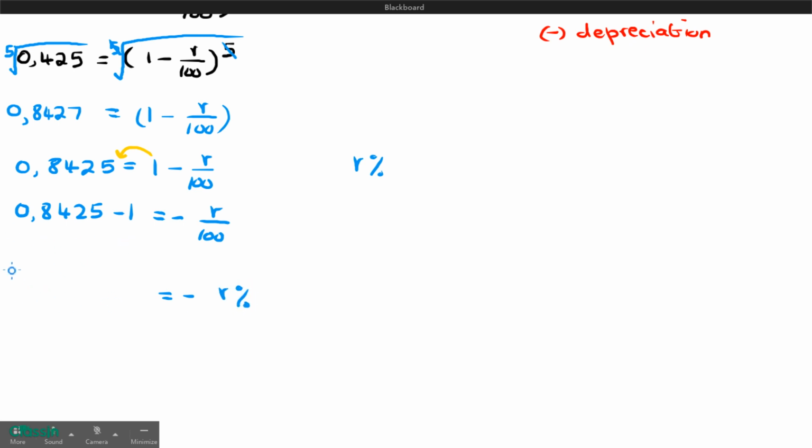Then what is 0,8425 minus 1? The answer is negative 0,1573. Because both sides have negatives, R percentage is equal to 0,1573.